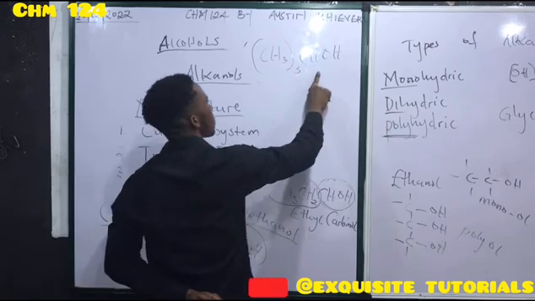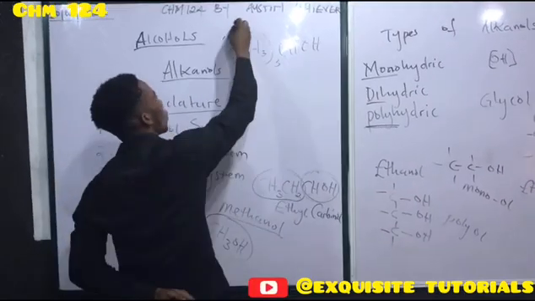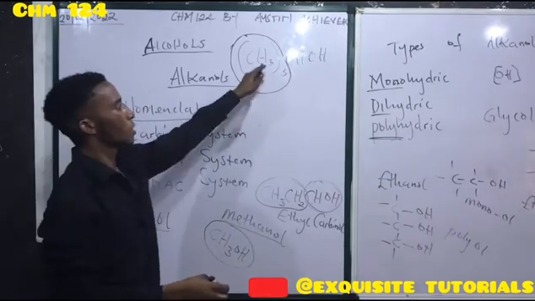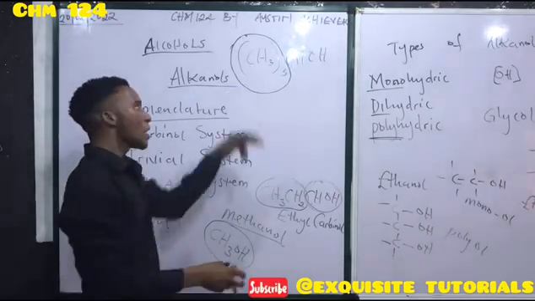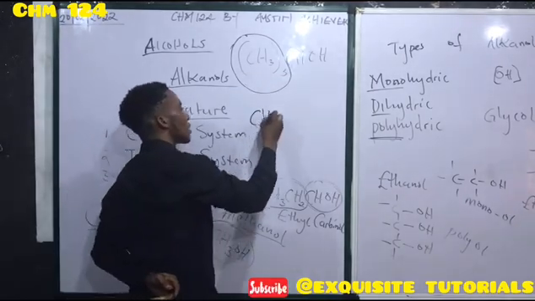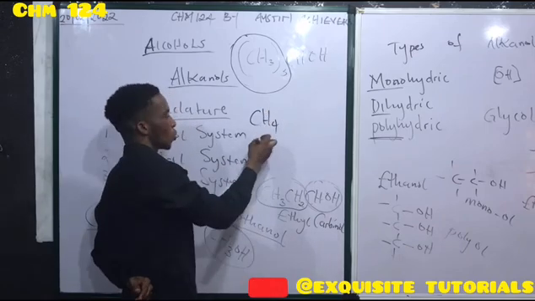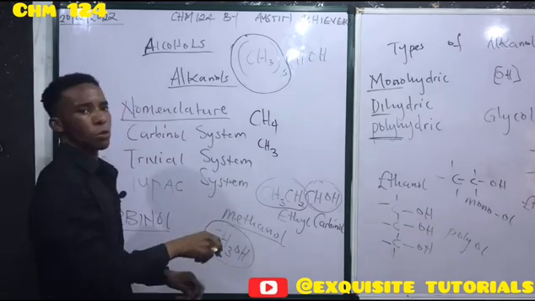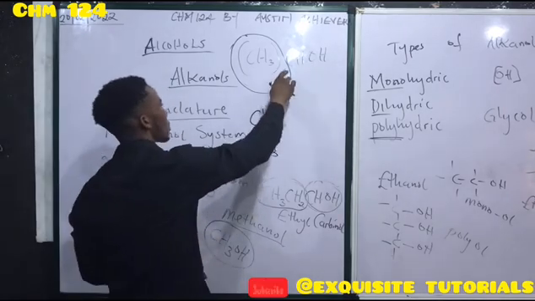Some students are very funny enough to call this a methyl group just because they see CH3. I said when a methane loses one hydrogen, you call it a methyl. It will be CH3.